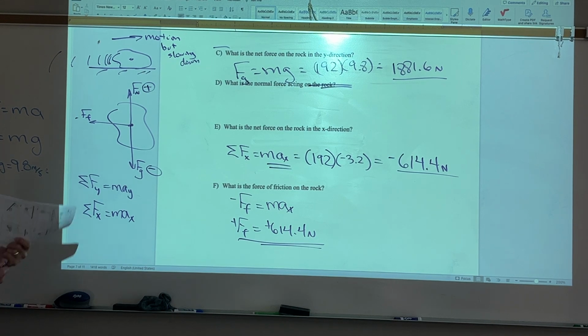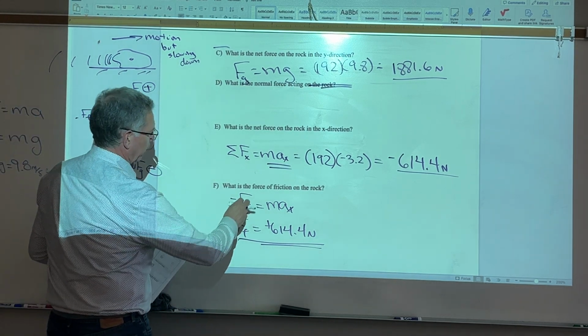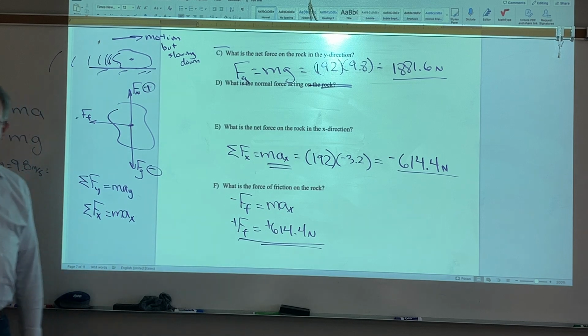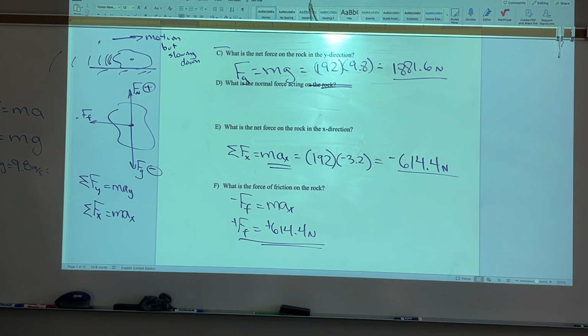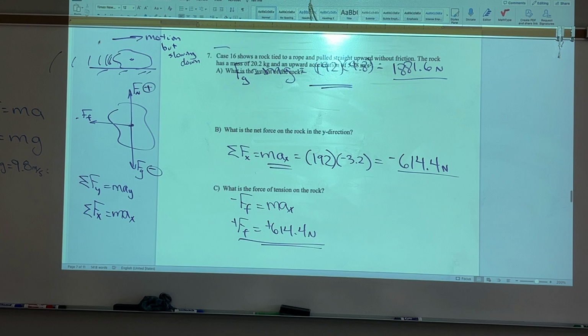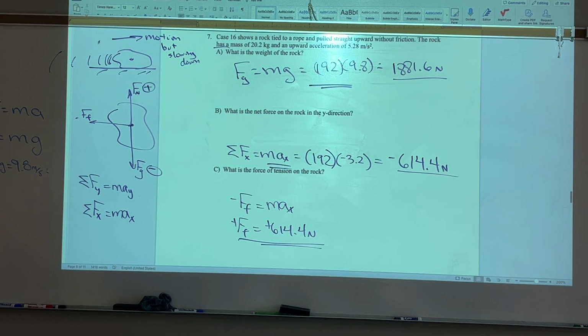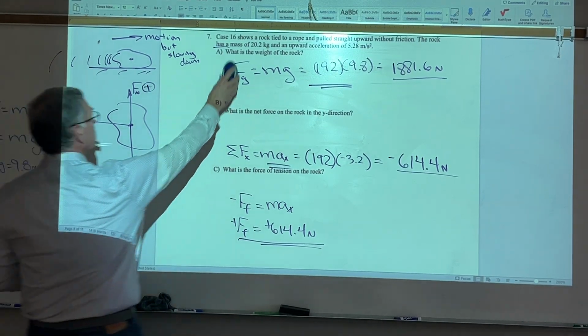Maybe it should be better written as: what is the magnitude of the force of friction? Did you get that? I did. Good to know. Okay, so that's that one. Now let's look at number 7.